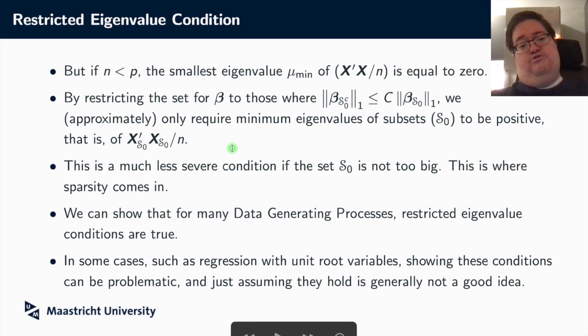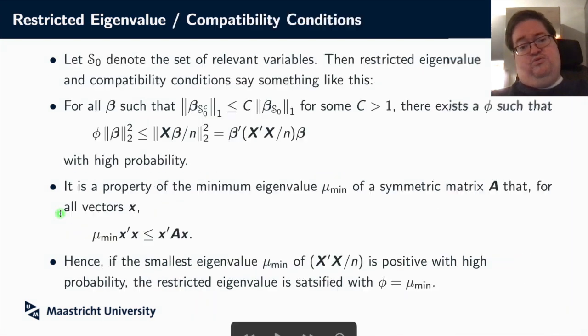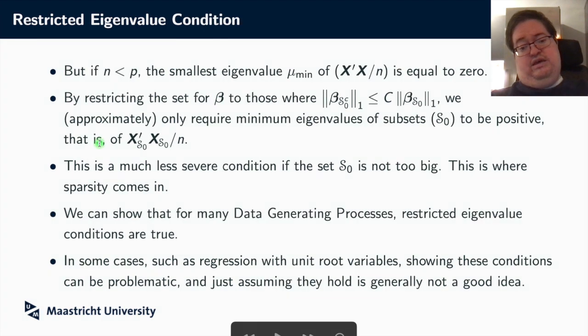In fact, you can show that for many data generating processes, these conditions actually hold. Now, there's somewhat of an issue sometimes, because in theoretical work people tend to just assume that a condition like this is true without actually investigating it. There are cases, for instance something that we looked at with unit root variables. People familiar with time series will know regression with unit root variables.